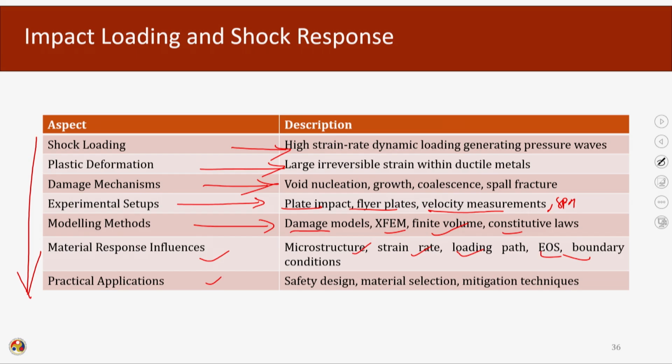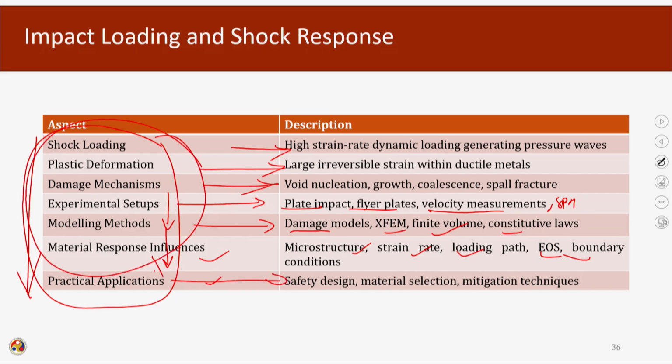So, under impact loading or blast loading, these aspects need to be properly catered for, properly analyzed, studied, and their values validated with the experimental data, and then incorporated into the constitutive models, put into the finite element model, and then get the simulation properly, and then the application of all these things combined into some practical application to have a safety design, to optimize the materials and to devise the proper mitigation technique.